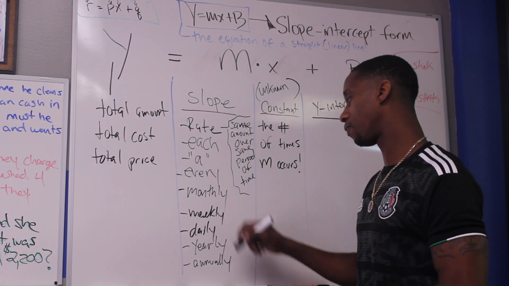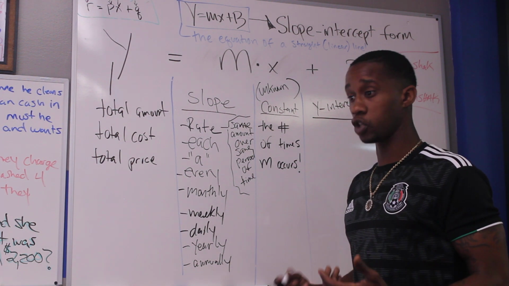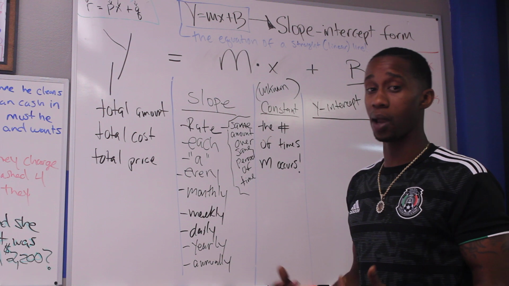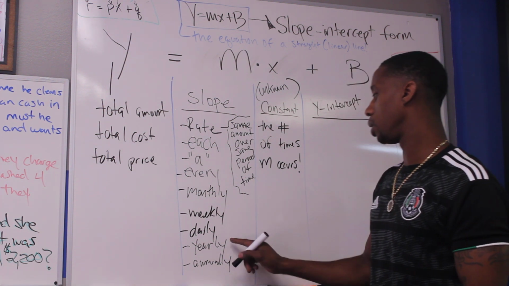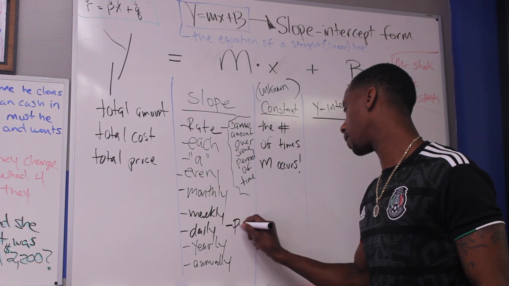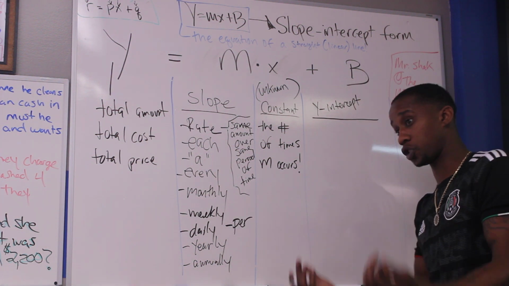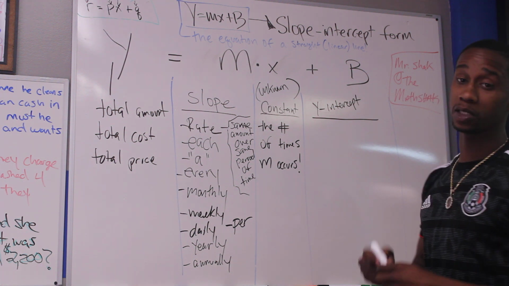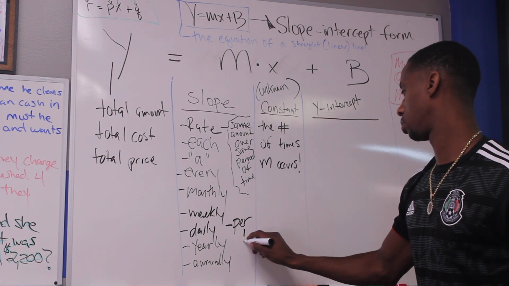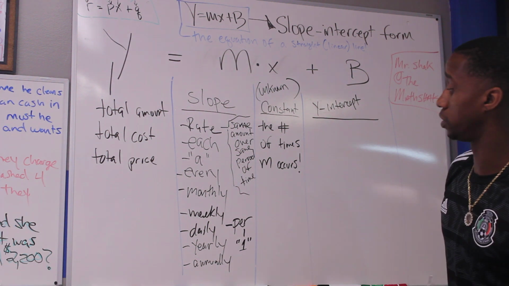Every, monthly, weekly. Weekly, you get paid $150 a week. That's the same amount over the same amount of time. Yearly, annually. And one that I love that I forgot was per. $10 per shirt. Per means one. A lot of my students forget that per is a reference to a number.